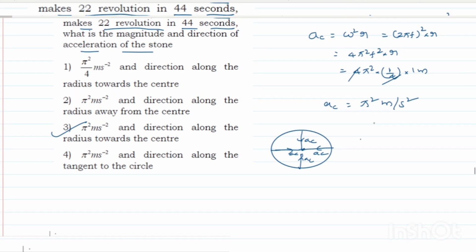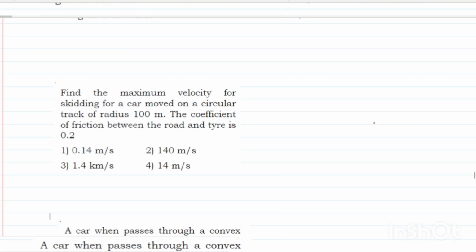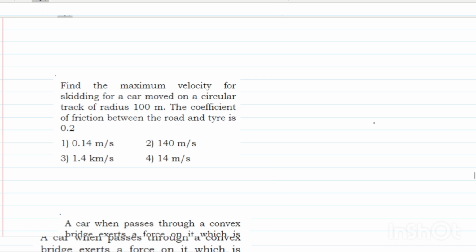Let us see the next question. The next question says find the maximum velocity for skidding of a car moving on a circular track of radius 100 meter. The coefficient of friction between the road and the tire is given. So when the car is moving in a curved path, the frictional force is going to be acting.